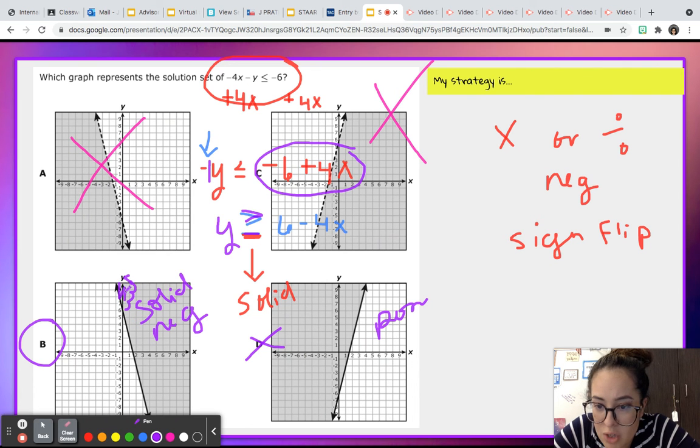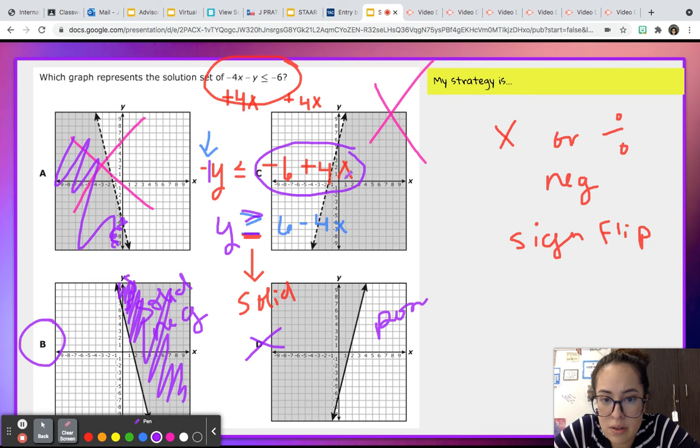So if I'm shading all of this, that means I'm shading all of that, right? This is an example of a less than. See where my 6 is at here? Everything that's less than 6 was shaded. Here is an example of a less than also, because everything that's less than 6 was shaded.